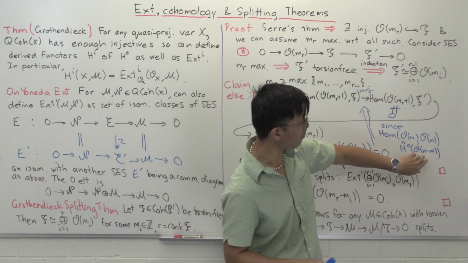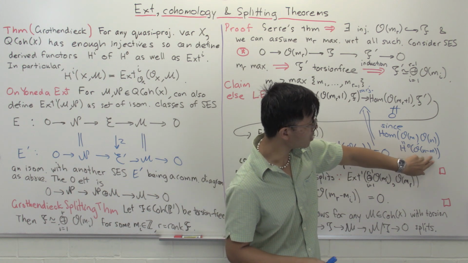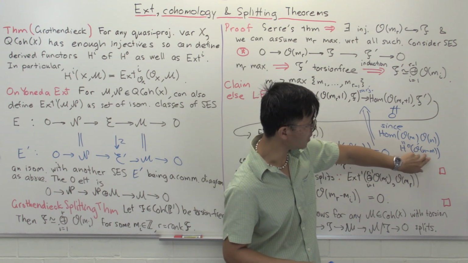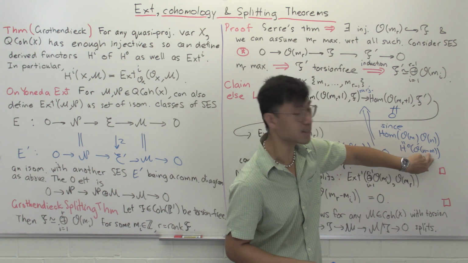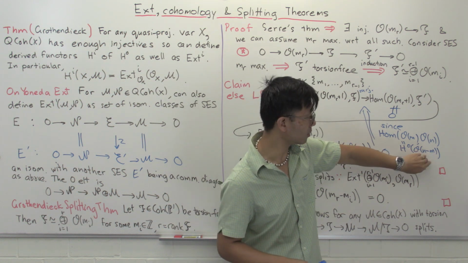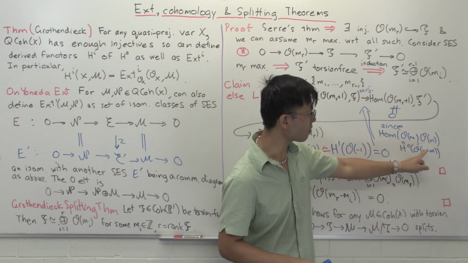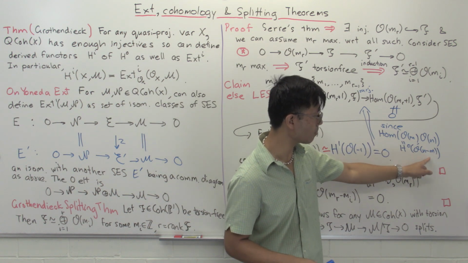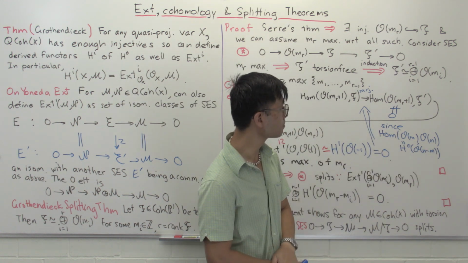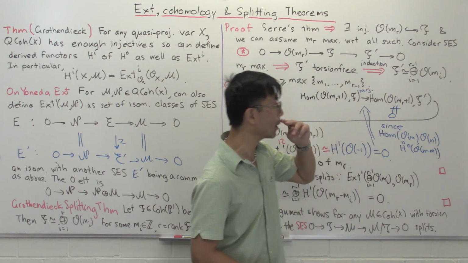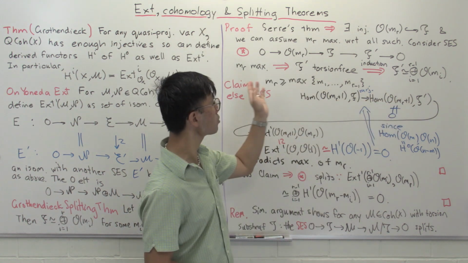Okay, and the global sections of O(n - m) is non-zero precisely when n is at least as big as m, when this n - m is non-negative. Okay, so if you get O, you get 1. So it's basically the dimension of this is 1 plus this integer n - m. Okay, so this is actually non-zero because you're assuming that this is false.